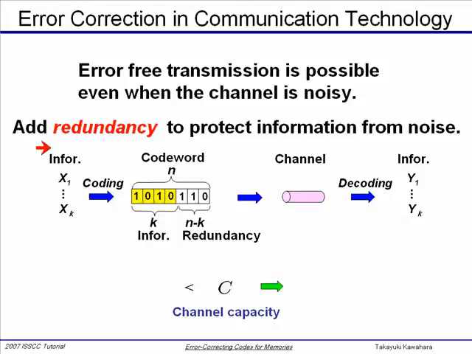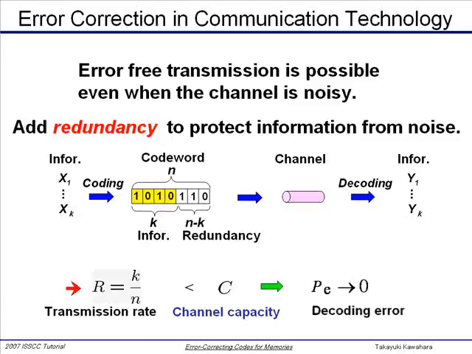But roughly, take a look: information, coding, some redundancy through the channel, and decoding, and you can get the original data. And if the channel capacity is C, and the transmission ratio K by N is smaller than the capacity C, the decoding error goes nearly to 0. This means that we can add some redundancy, and any error can be recovered.